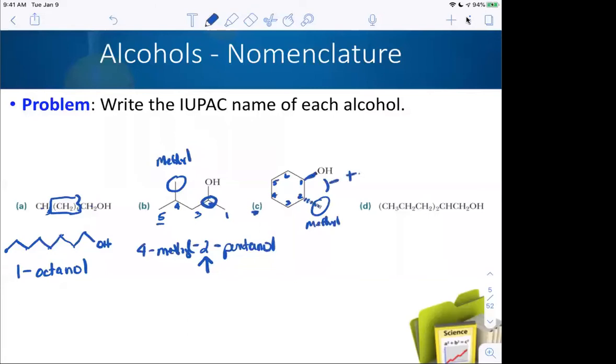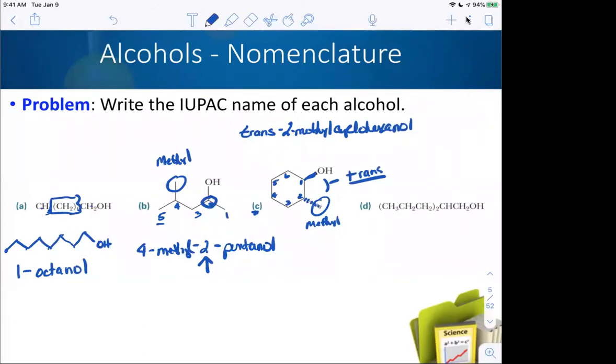These are trans to one another. So one possible name for this would be trans-2-methylcyclohexanol. Now notice I don't have to do the location for that alcohol because I know in a cyclic structure like this that the carbon that bears the OH is number 1.